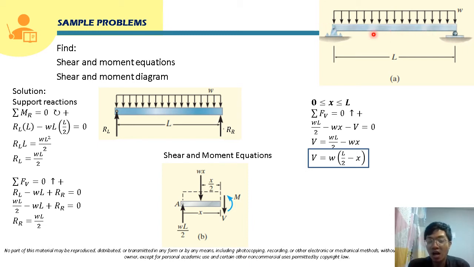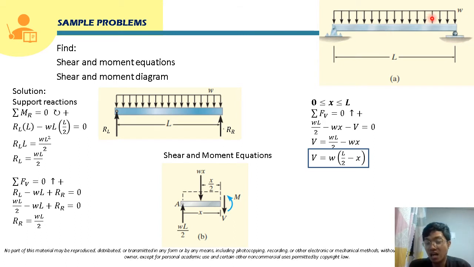Class, if you are going to cut a section anywhere at the segment of this beam, for every distance x, we can substitute that here. And at that section, distance x from the left, we can know the internal shear force acting at that section.